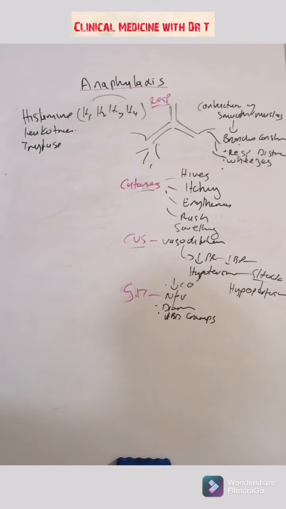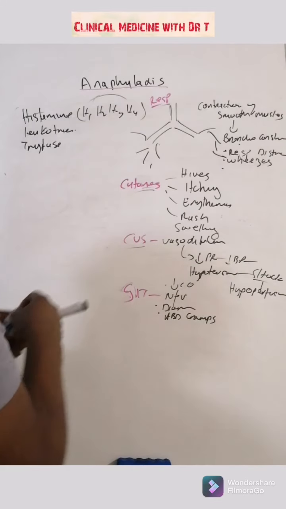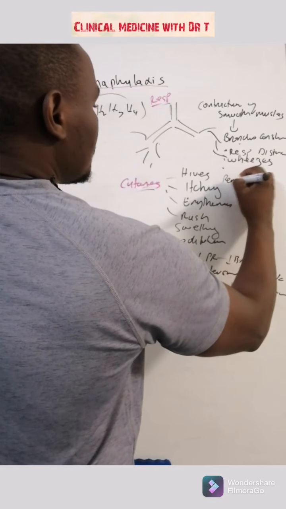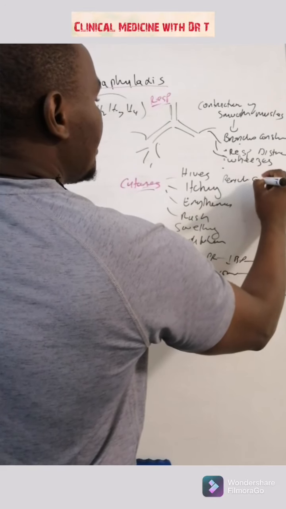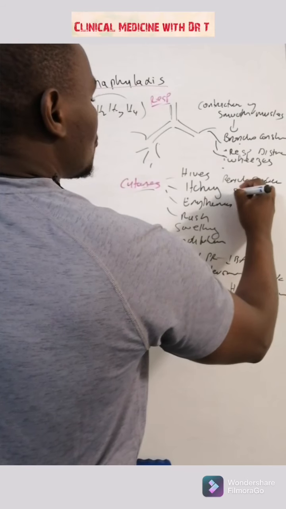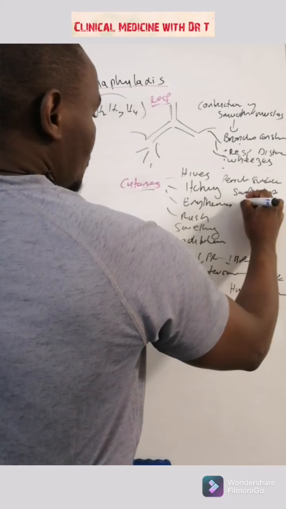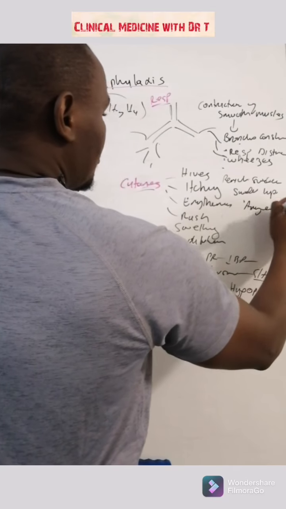That would be a GIT. Yeah, under the skin, they might come in with periorbital swelling, swollen lips, something called angioedema, right?